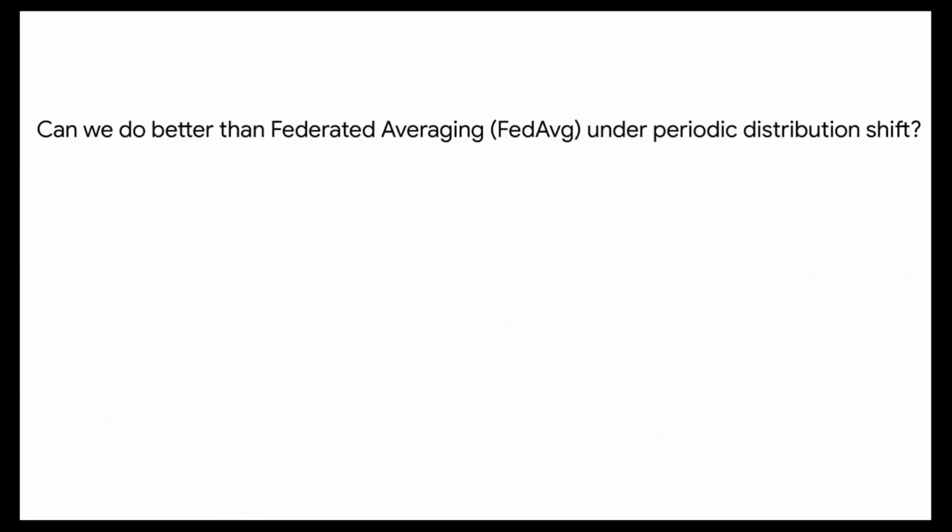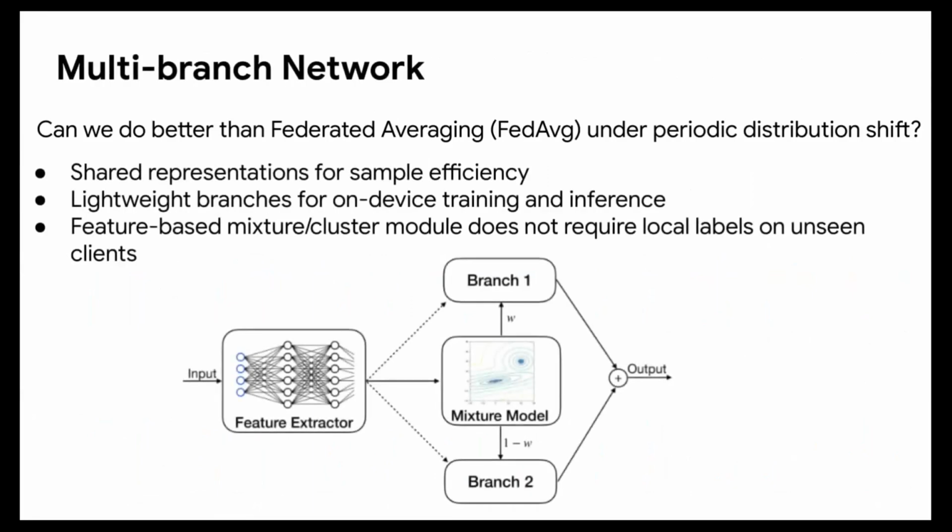Okay, now we ask another question. Can we do better than federated averaging under periodic distribution shift? We introduce a multi-branch network to handle this periodic distribution shift. In this multi-branch network, we use shared representations for sample efficiency, and we have lightweight branches so that even for on-device training, it's still acceptable.